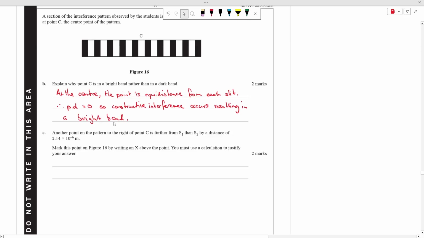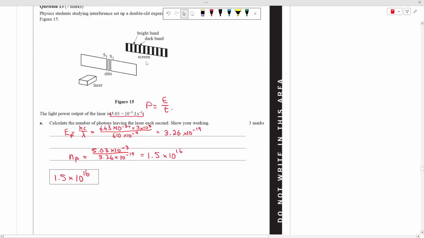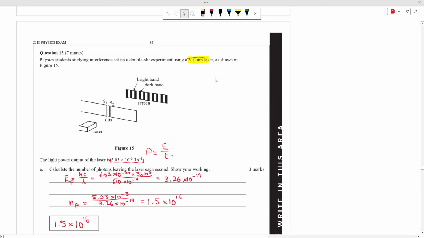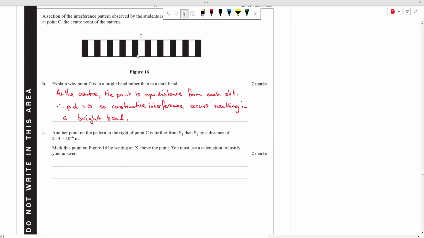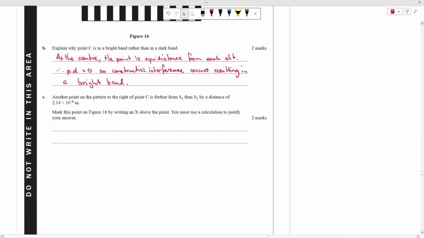Using that knowledge, we know the path difference, and we know the wavelength of the light coming from the laser. So if I can work out how many wavelengths is my path difference, that will tell me whether it's a bright band or a dark band, and also which bright or dark band it is. So how many wavelengths is this path difference?